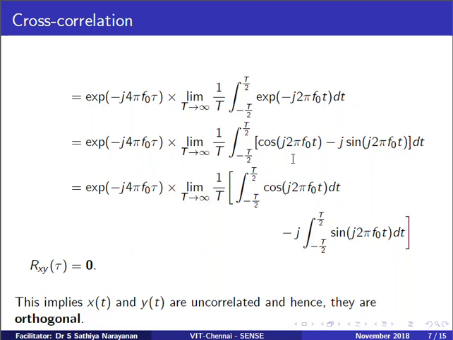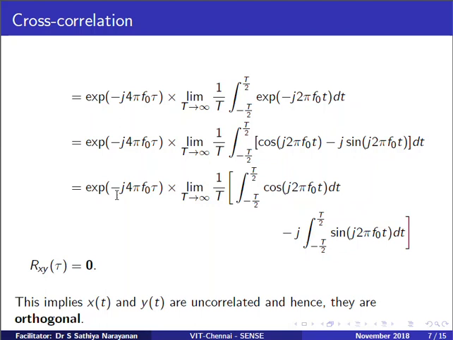We can even show mathematically that this integral will be 0. On the other hand, any symmetric integral for sine will result in a 0 value. So both integrals become 0, and hence the entire term becomes 0.